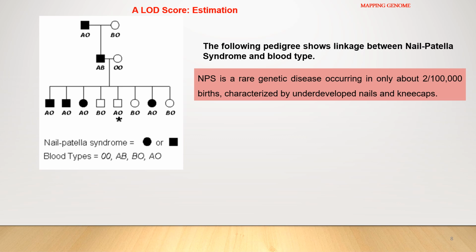It can also be seen that the dominant allele for the syndrome is coupled with A-type blood group, except for one individual, that is, third generation individual 5.